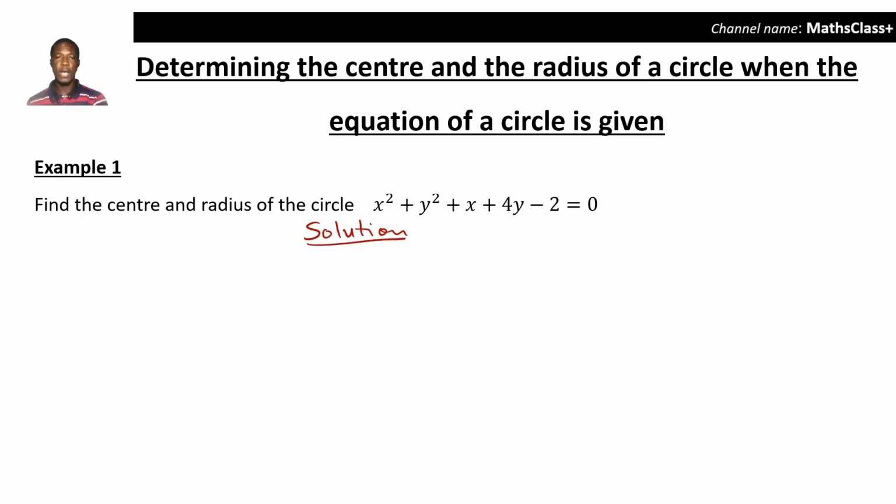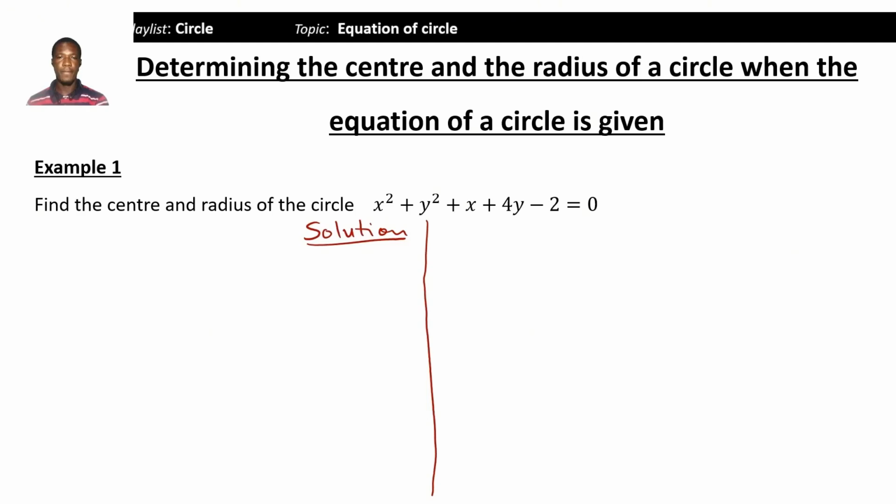Now, one way of determining the center and the radius of the equation of a circle will be to compare the equation given to the general form of a circle, the general equation.